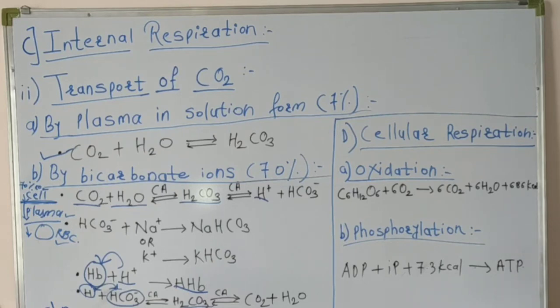In the transport of oxygen, there are two effects: Bohr effect and Haldane effect. We have also seen the oxygen dissociation curve. Next, we have seen cellular respiration, with oxidation and phosphorylation. In oxidation, food gets broken down, and in phosphorylation ATP gets generated. Thank you.